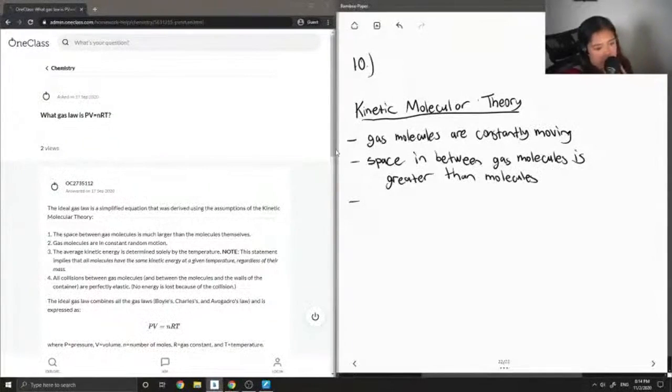This also assumes that kinetic energy is determined by temperature. And lastly, assuming that all collisions are elastic.